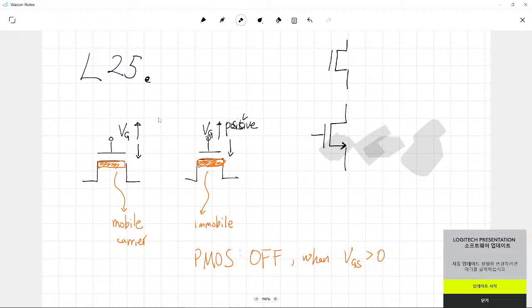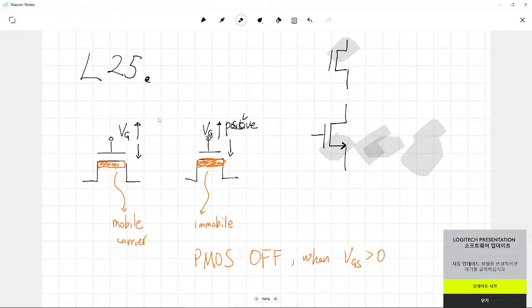In the case of an NMOSFET, the terminal with the lower bias works as the source. However, in the case of a PMOSFET, the terminal where the applied bias is higher than the other is used as the source. So simply speaking, this is the source: not the low one but the higher one is the source.